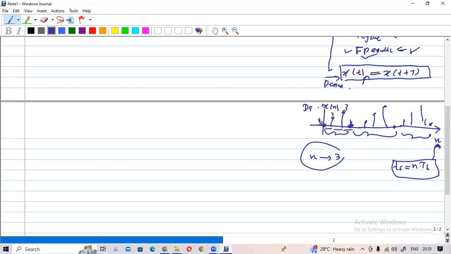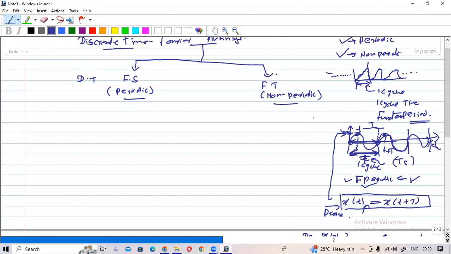Likewise, you can calculate the period. That is very important. You should be able to calculate the fundamental period of a discrete time signal. Very easy. You have to choose two consecutive repeated points, then count the sample number between these two points. That is enough.